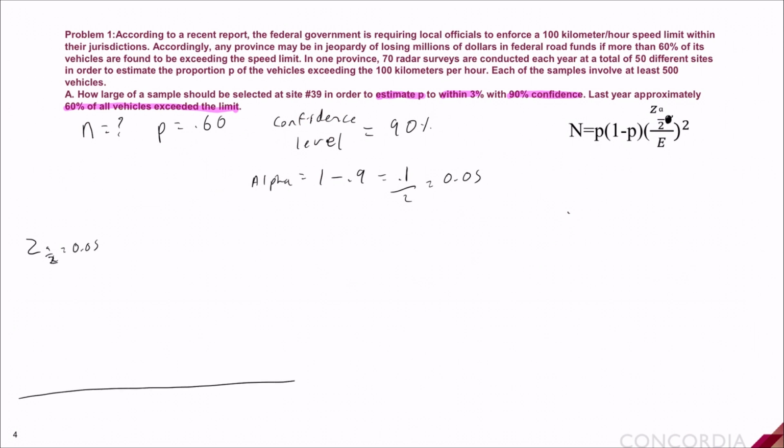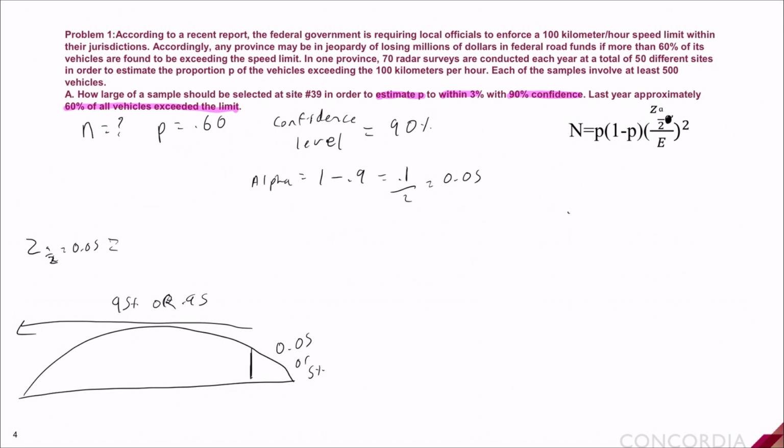To find this value, you have to understand the value of alpha, which basically tells us that this tail is equivalent to 0.05 or 5%. So the z-score we're looking for would have to be a z-score equal to 95% or 0.95, and that value will be 1.645.